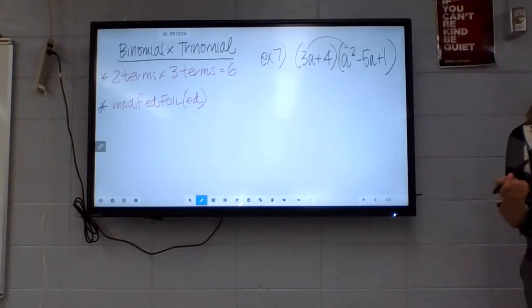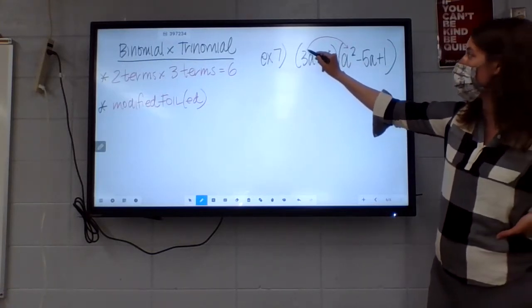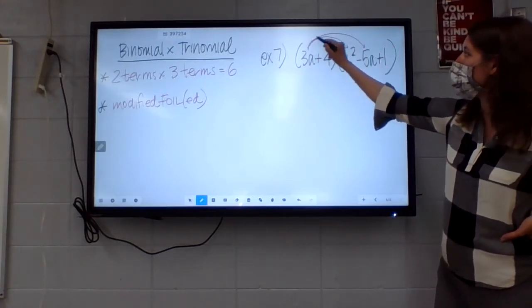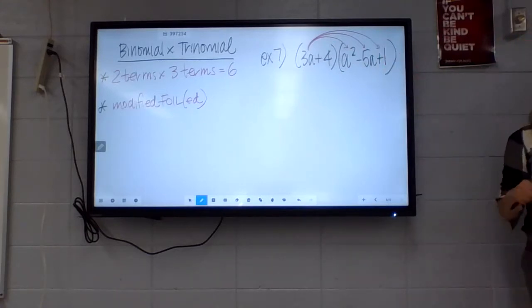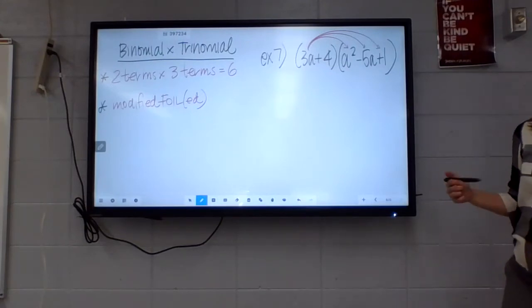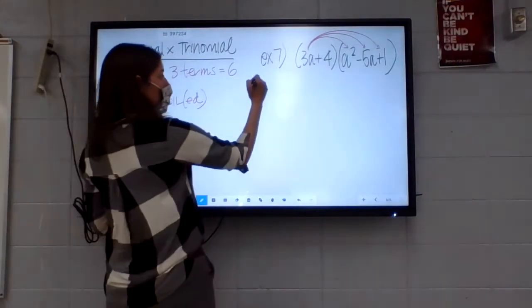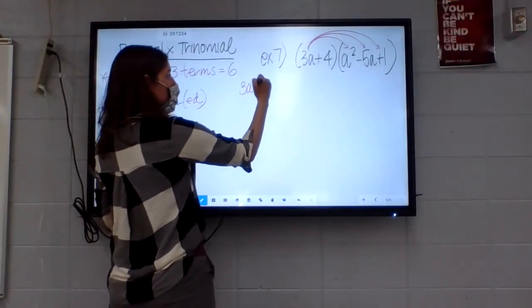So I'm going to do the first terms together. So 3a times a squared. But basically this 3a has to be multiplied to all 3 of these. So rather than having 2 arrows coming out of it, I'm going to have 3. So I'm going to do all 3 terms there. And so we have to stay really organized. So 3a times a squared is going to be 3a to the 3rd.